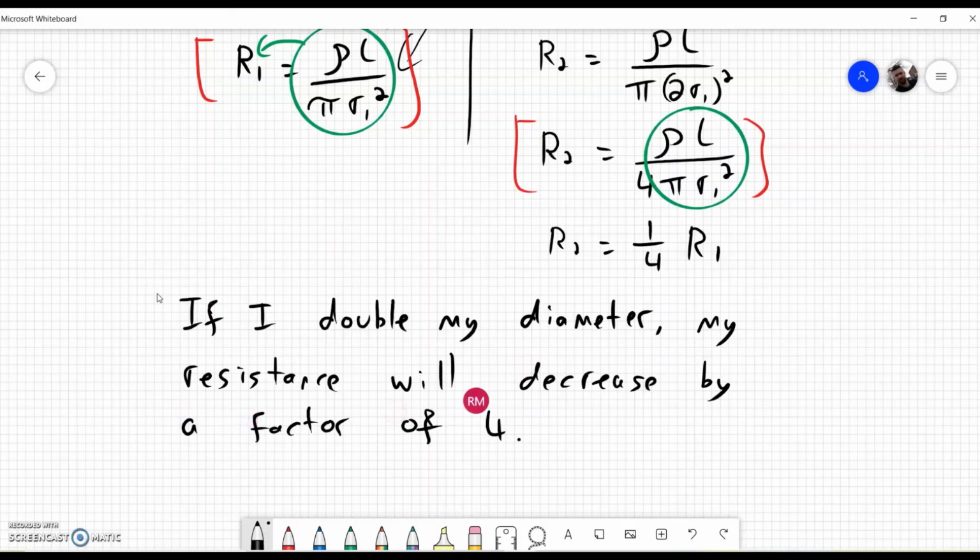And what does that mean in real life? Or in more basic terms? In more basic terms, it means that when you double the diameter, you'll get 1/4 the resistance of your sample of wire.